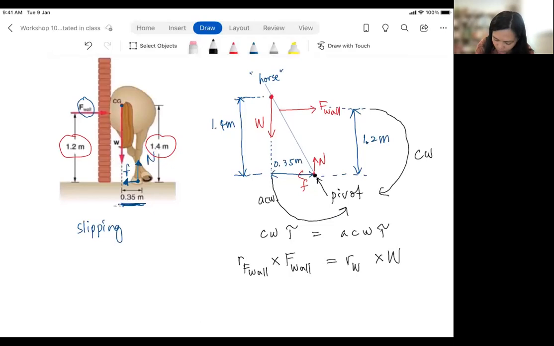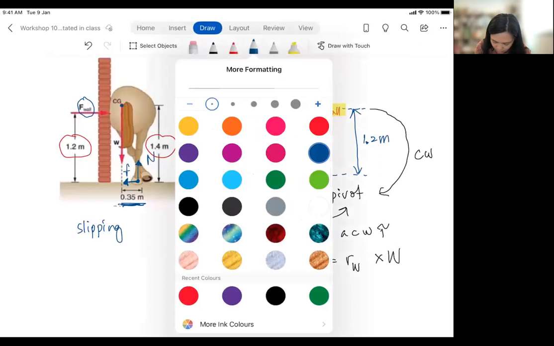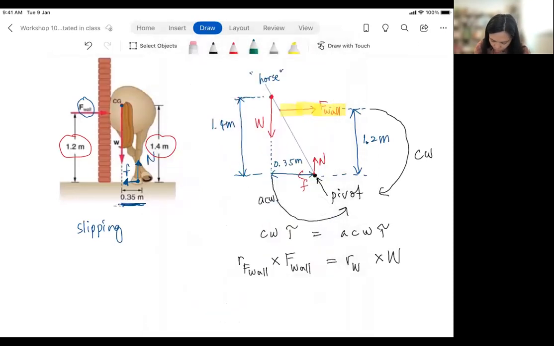Okay, so the force on the wall is this one. It's to the right. Okay, and your pivot point is down here. So you draw your moment arm perpendicular to your force and passing through your pivot point. So let me see if I can get a different color pen.